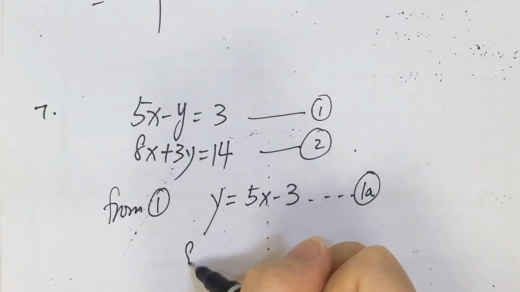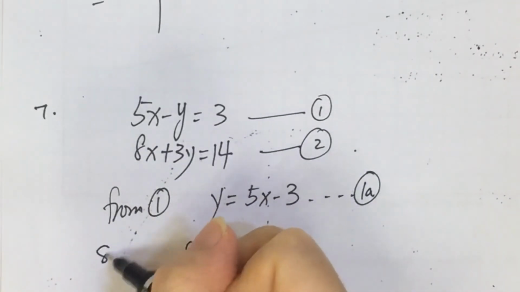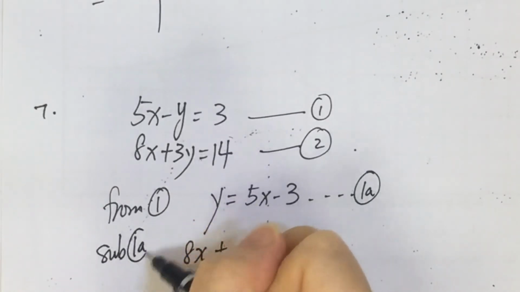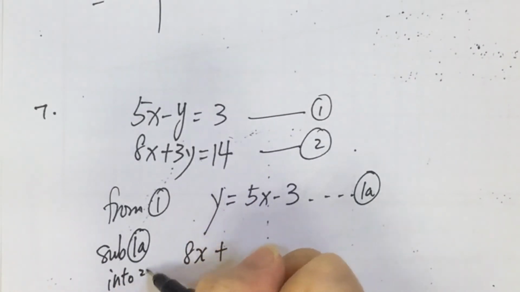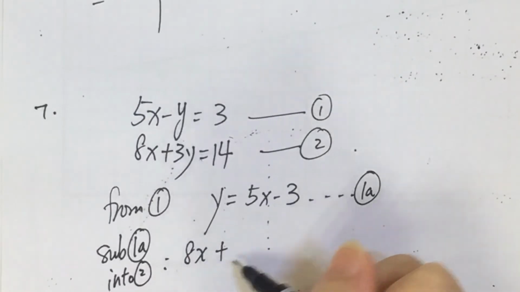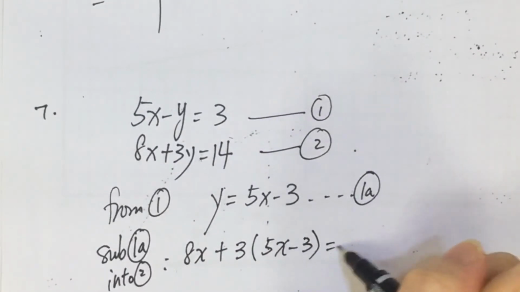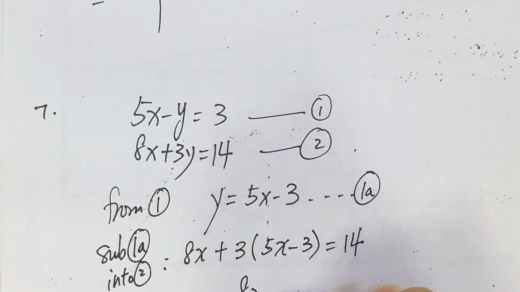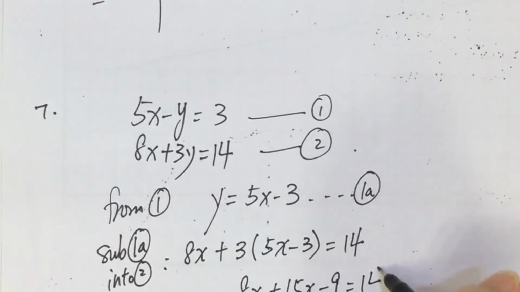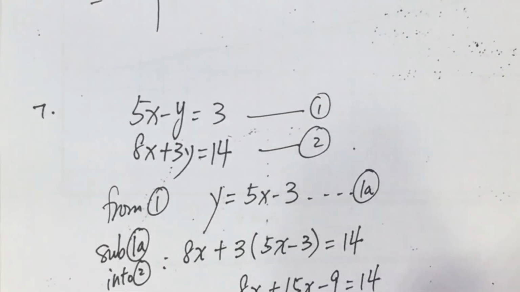So I substitute 1a into equation 2. So I have 8x plus 3 times 5x minus 3 equals 14. So 8x plus 15x minus 9 equals 14. So I have 23x equals 23. So x is 1.